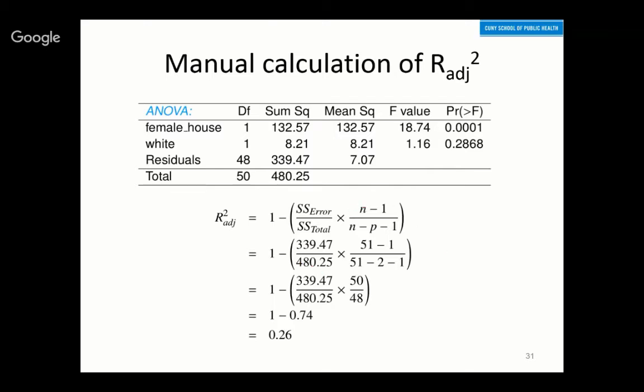We have 51 observations, for 50 states plus District of Columbia, and we have 2 predictors here, the female house and white. So the correction here is quite small, 50 over 48, and this value is quite close to what we had. But the more different independent variables you add, the greater the difference between R squared and the adjusted R squared.